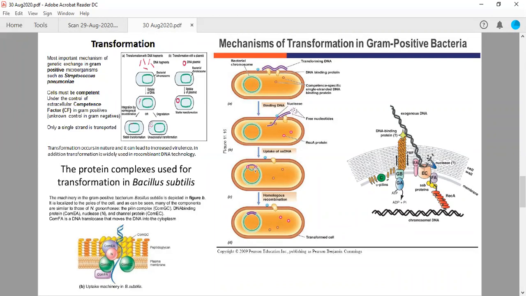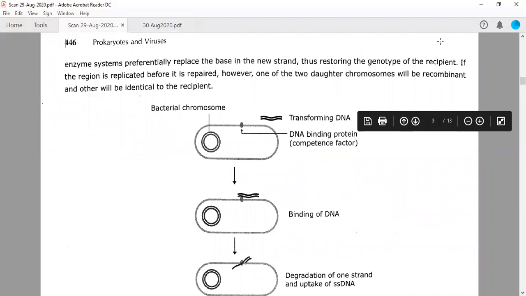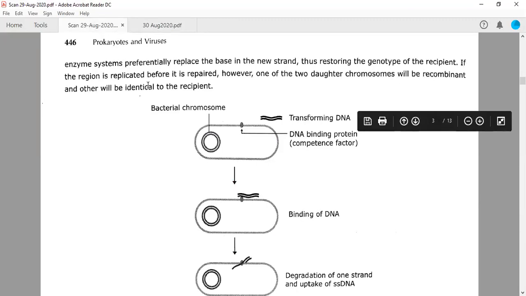Then one population of cells will be normal, while the other population will be transformed. If the region is replicated before it is repaired, one of the two daughter chromosomes will be recombinant and the other will be identical to the recipient.